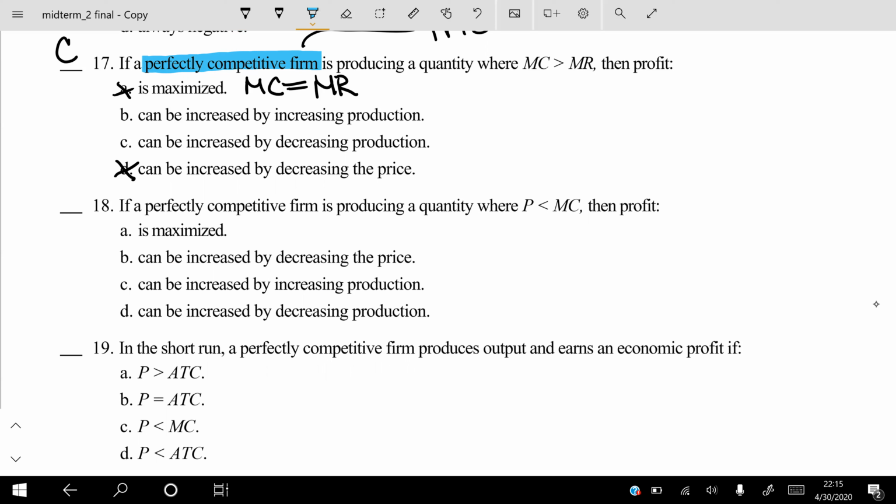And so again, MC is greater than price, which is equal to MR. So MC is greater than MR. Well, we said it's going to decrease production, so it has to be D. They're really the same question.